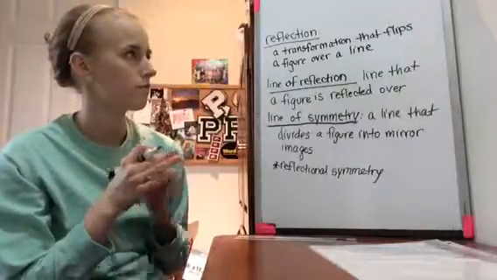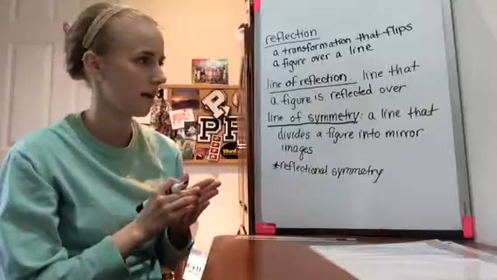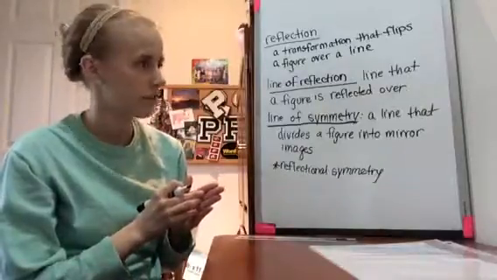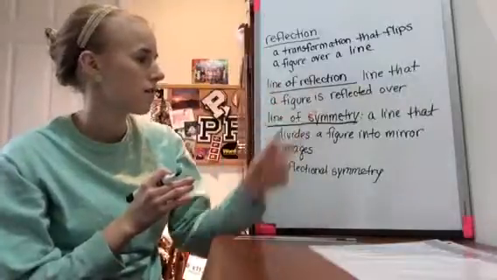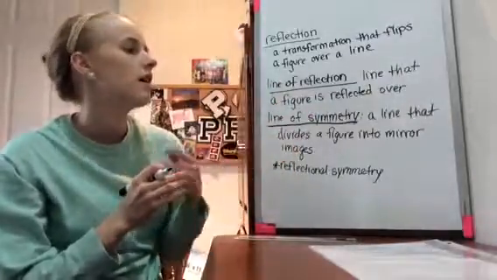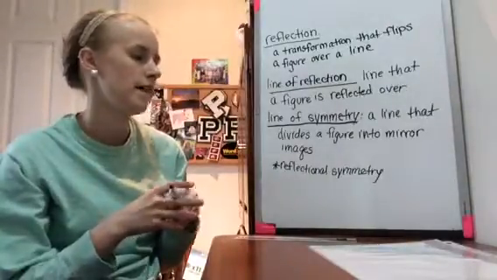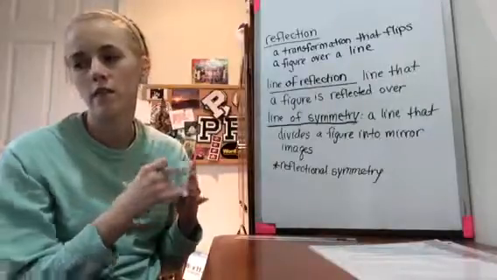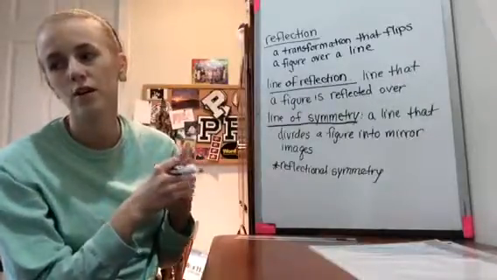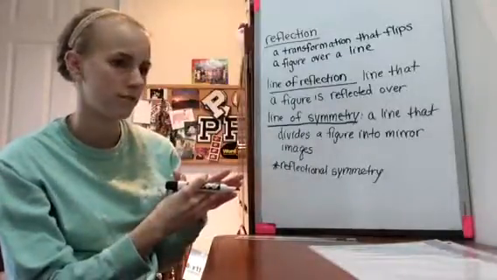So again, we have a reflection, which is a transformation that flips a figure over a line. Line of reflection, a line that a figure is reflected over, and then a line of symmetry, a line that divides a figure into mirror images, and then a figure can be reflected over a line so that the image matches the original figure if it has reflectional symmetry.